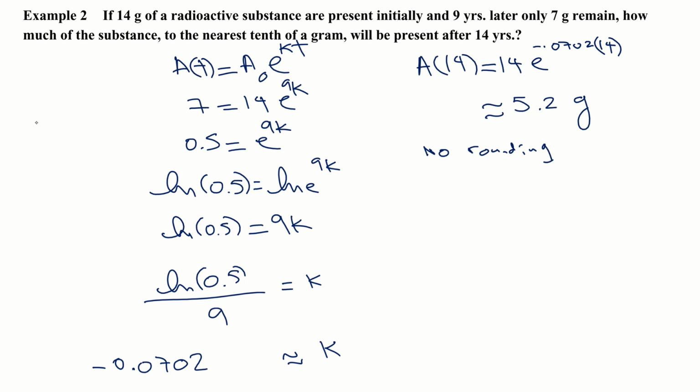So A of 14 is going to be 14 e to the, and I'm just going to type the entire thing: ln of 0.5 over 9, and then times 14. Now watch how different that will be from this answer.